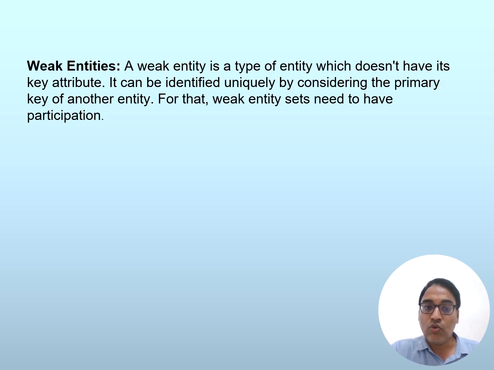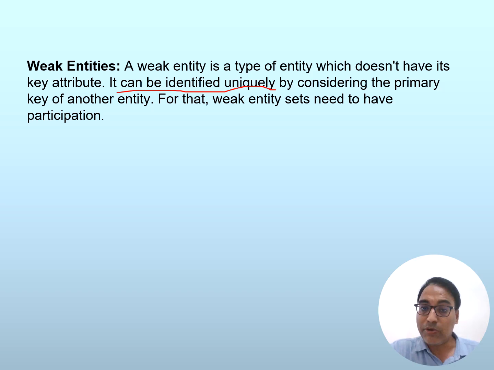A weak entity is a type of entity that does not have its own key attributes. It is always dependent on the strong entities, without which it is meaningless. It can be identified uniquely by considering the primary key of another entity.